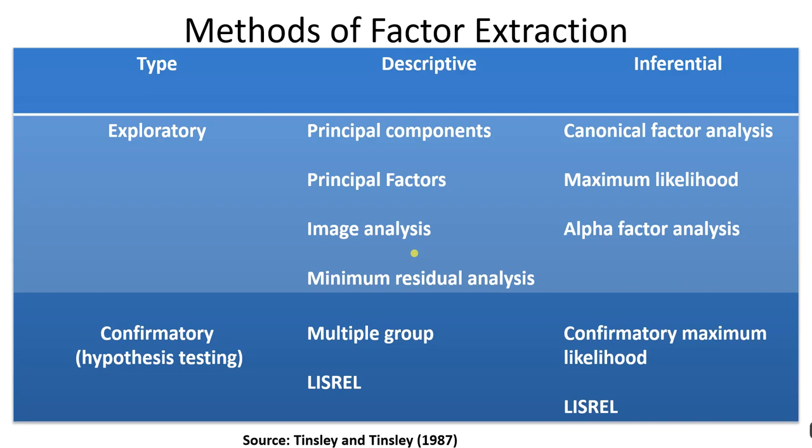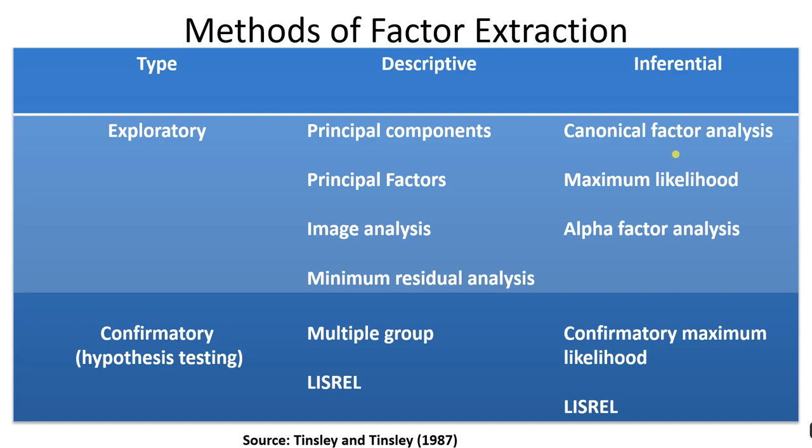Now coming to the exploratory but inferential methods: canonical factor analysis, also called Rao's canonical factor analysis, and maximum likelihood analysis. Both of them assume that the participants are a sample of the universe, and the variables are not a sample, they are the universe itself.